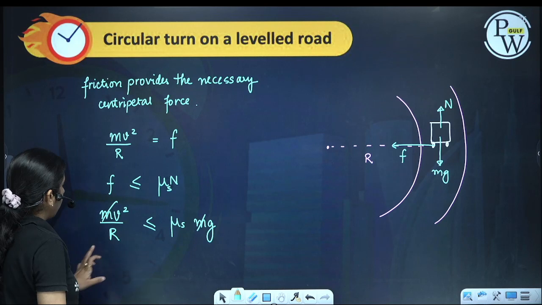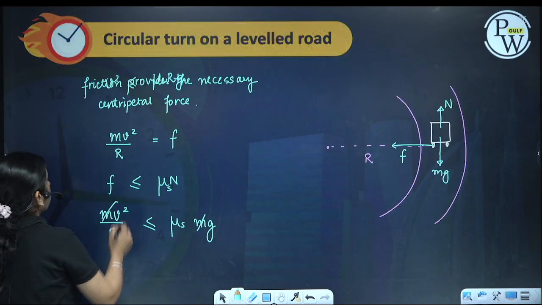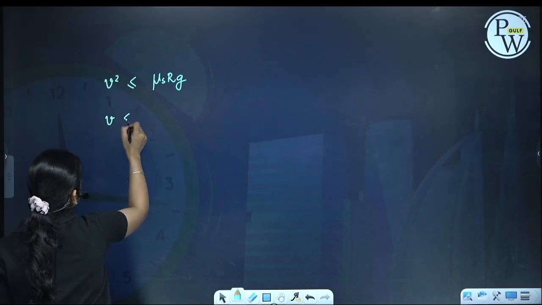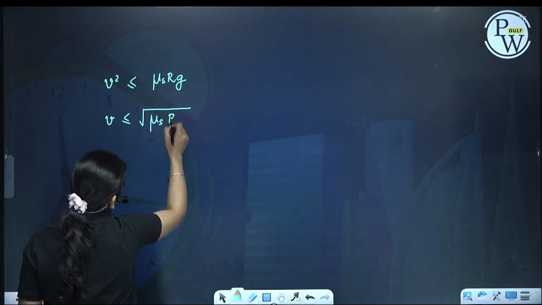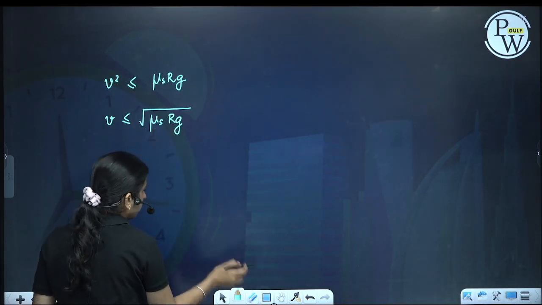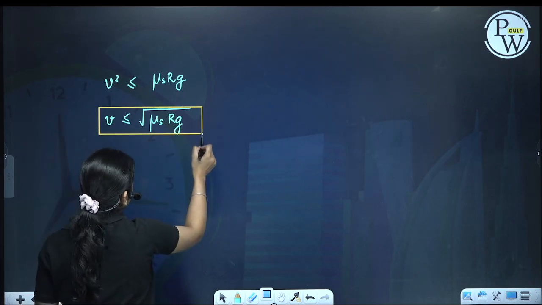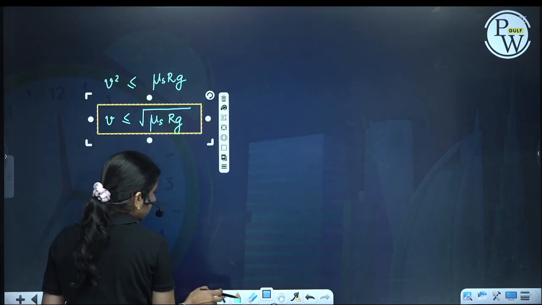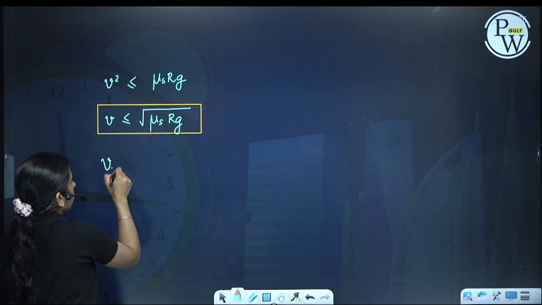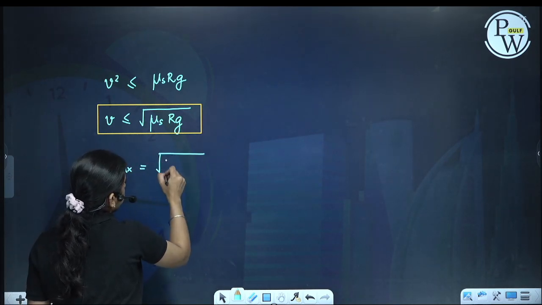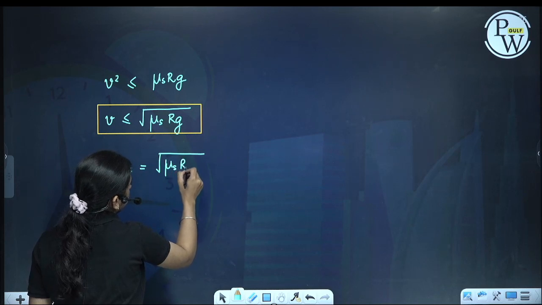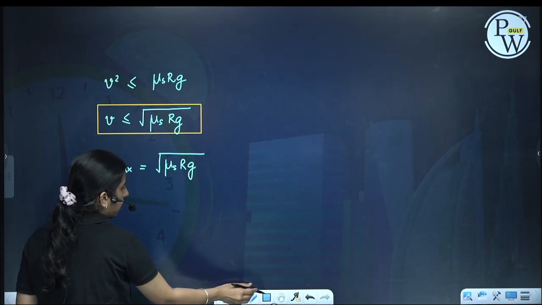So from here we will get that v should always be less than or equal to square root of mu s r g. This will be our condition. So the maximum value is square root of mu s r g.